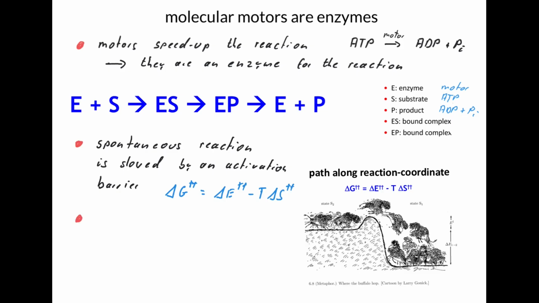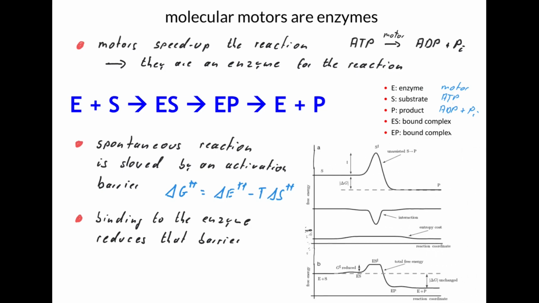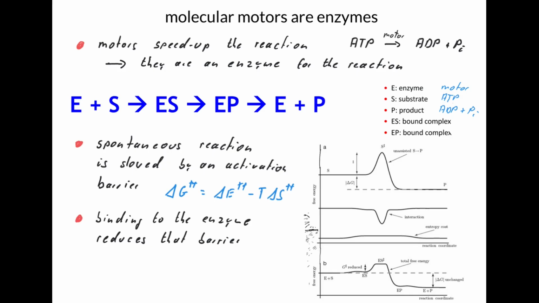Now the working of the enzyme is to reduce this activation barrier, hence speeding up the transition. That is displayed on the bottom graph.